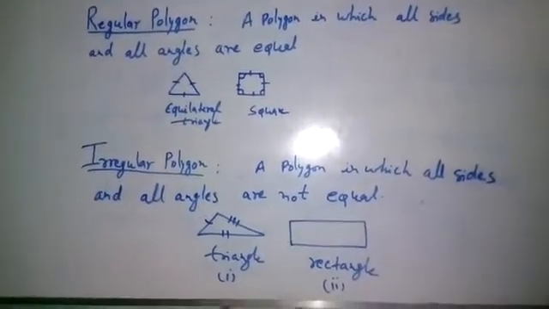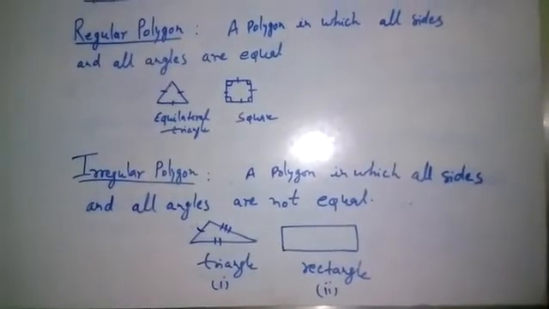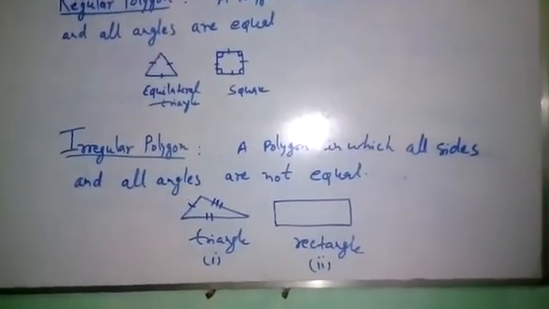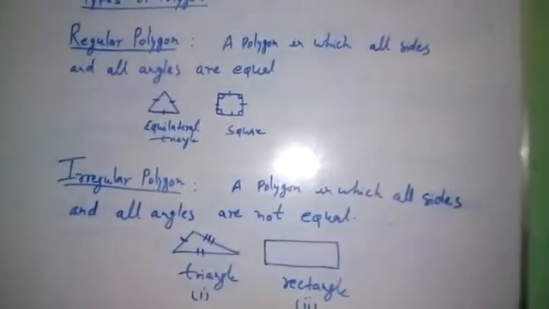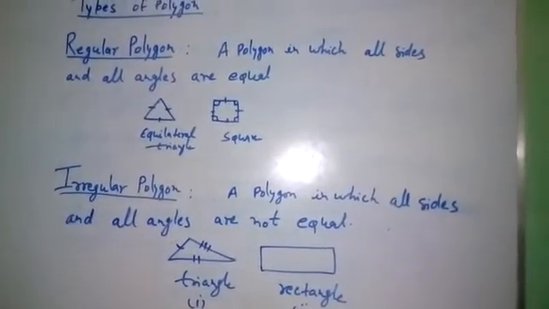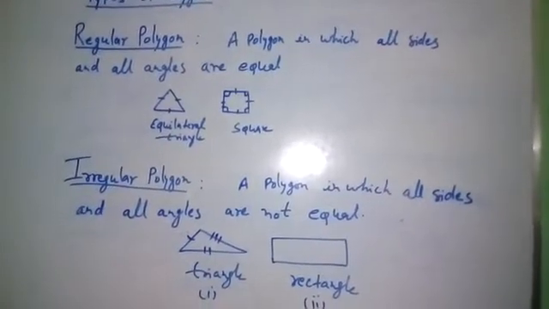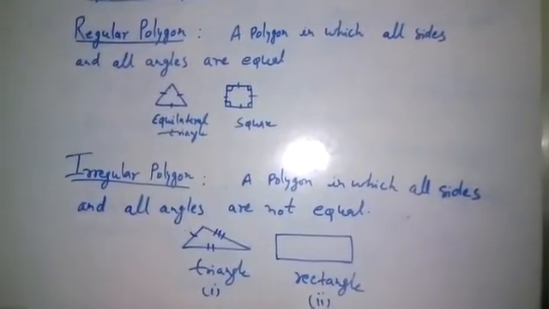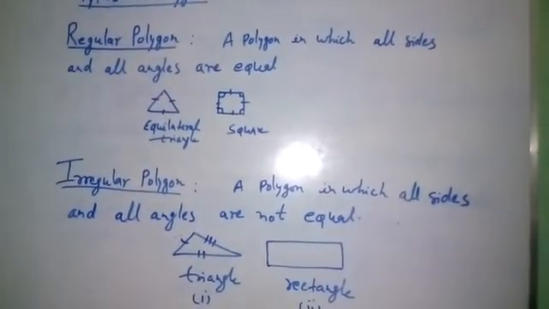These are the examples of irregular polygons. Any triangle which does not have equal sides is called an irregular polygon.